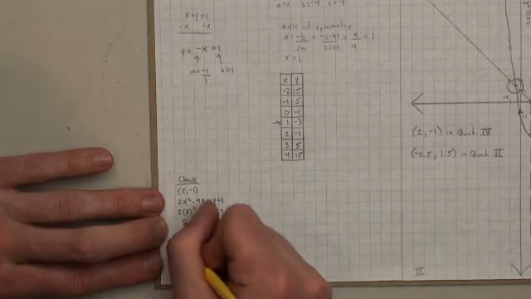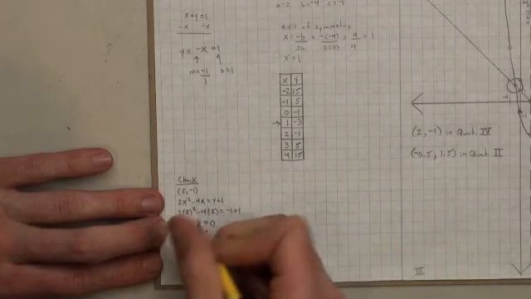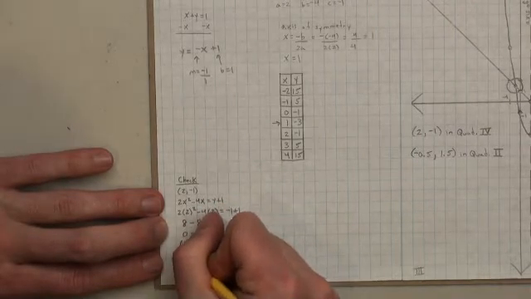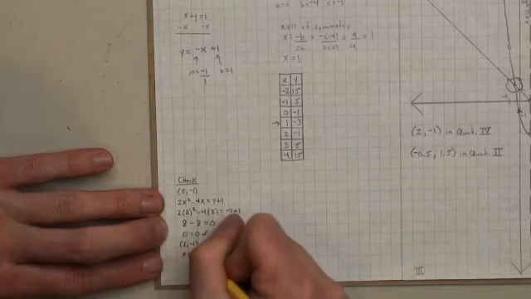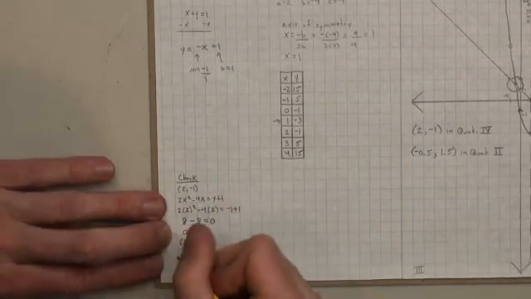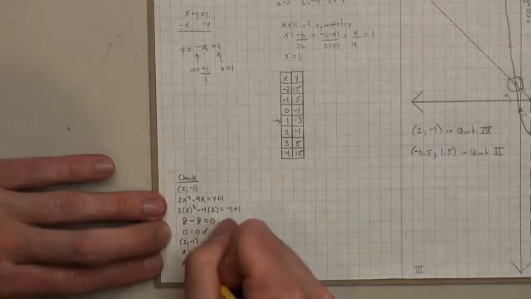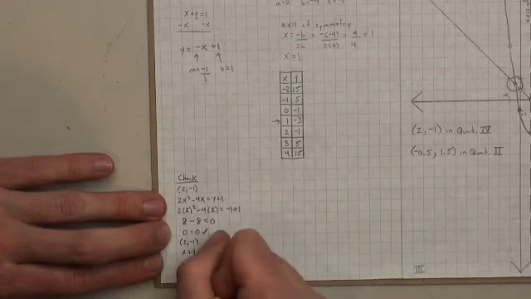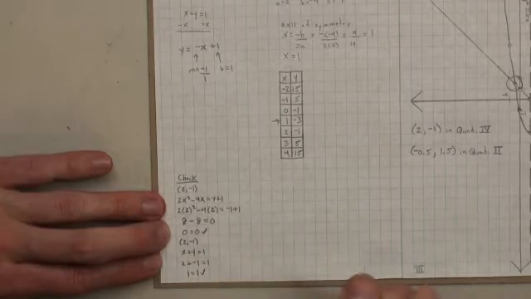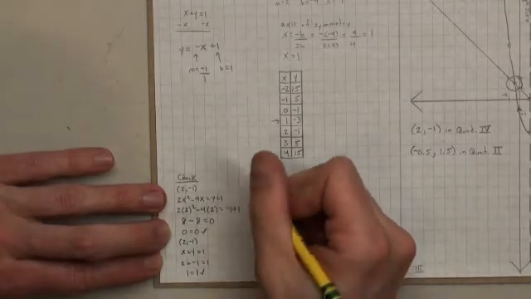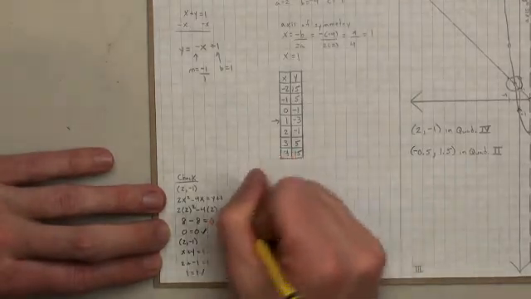Now I'm going to do the linear equation for the same point underneath this one. So I have 2 plus negative 1 equals 1, 1 equals 1. So that checks. Now let's check our other point.